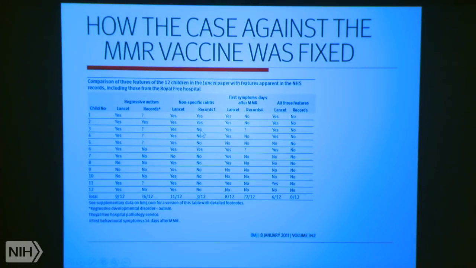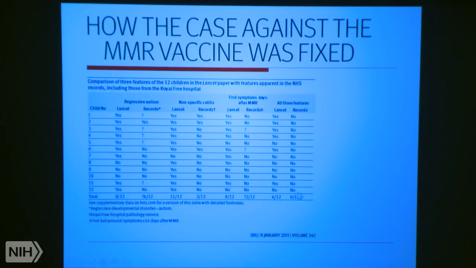And of the nonspecific colitis, in only 3 out of 12 could they get any evidence of nonspecific colitis or diarrhea. And the symptoms didn't happen immediately after the MMR in any of the cases that he could document.